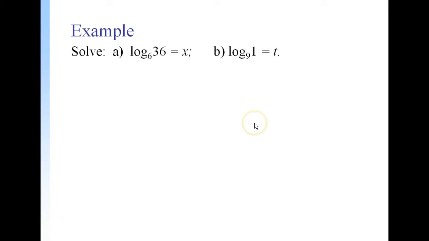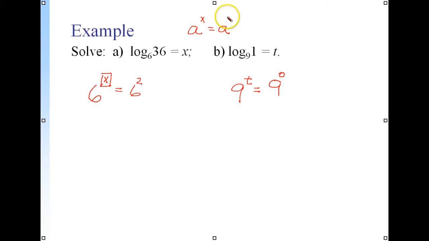Okay, let's do this example. Now, this really helps when I have done the text already earlier today, and I kind of knew what was going on here. Otherwise, it needs to be interpreted. Well, using the idea of the previous slide, that if you have a to the, let's say, x equals a to the y, your bases are the same, then your exponents are going to equal each other.